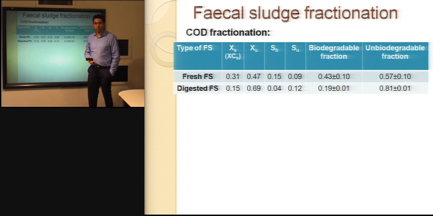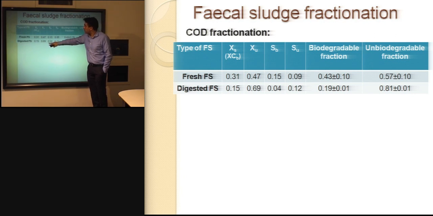Well, if they are soluble, that implies that they cannot be removed by physical means because they are dissolved in the water. Nevertheless, if they are biodegradable, they can be used by the biomass to produce more biomass and therefore be degraded in the system, being removed from that wastewater or that fecal sludge.